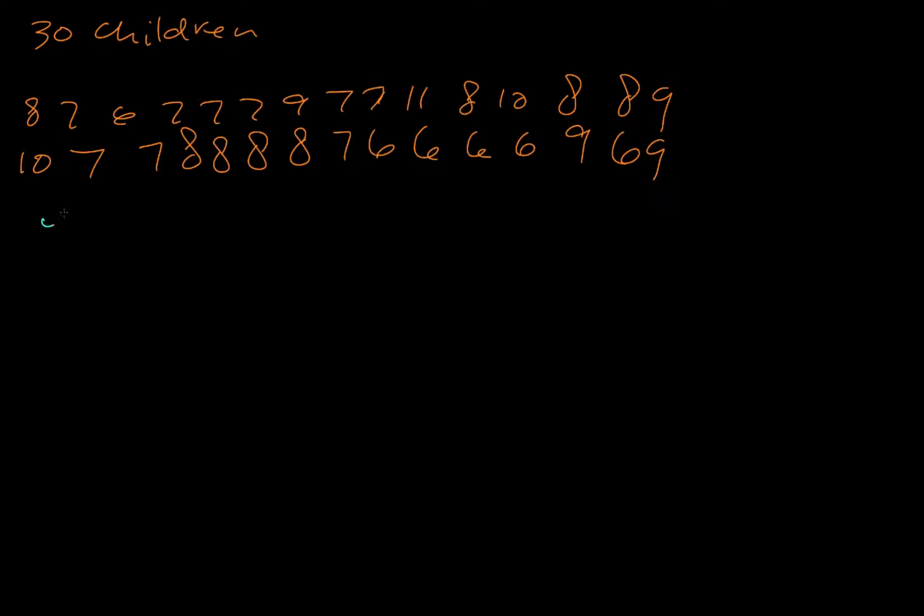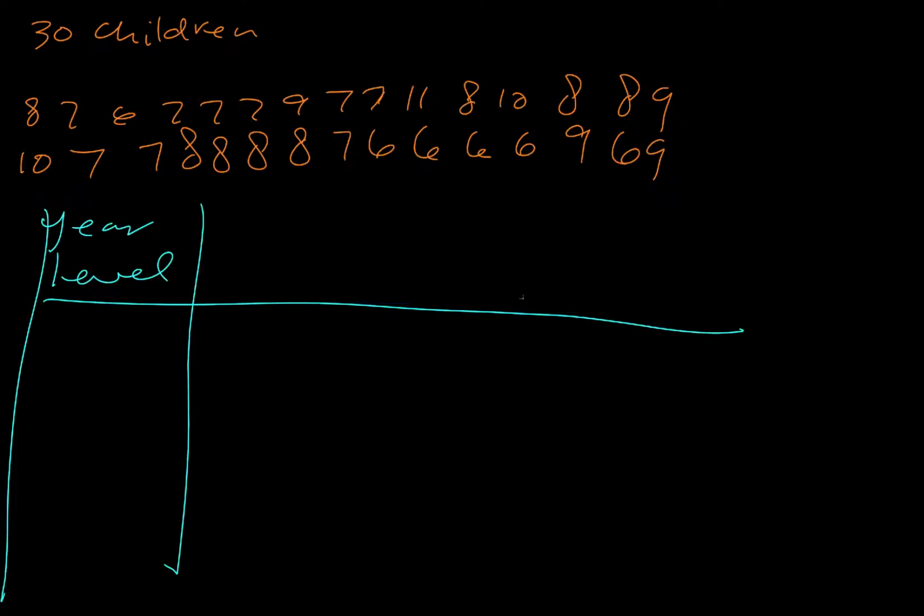Okay, so what we're going to do, we're going to say year level, or you could just say grade. And so all the years that are represented, we have 6, 7, 8, 9, 10, and 11. Okay, now we're going to tally all of this up.